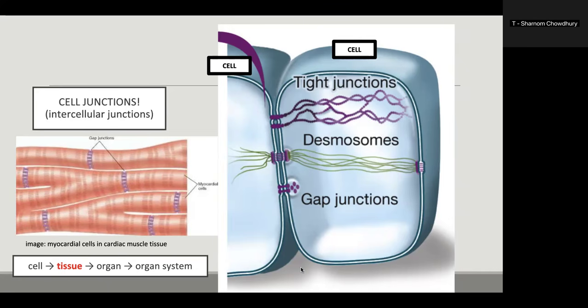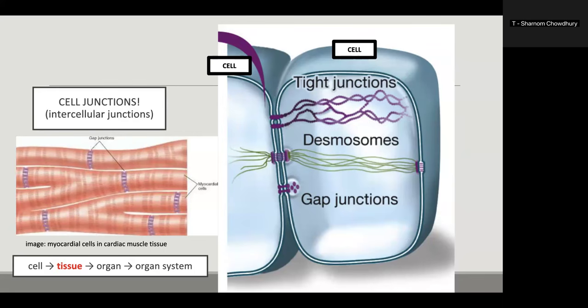Because they're tightly linked together, there's not much that's able to pass through between the cells. So it restricts any migration of membrane proteins and phospholipids and helps make sure substances cannot move through the intercellular space between adjacent cells. So tight junctions prevent movement of molecules between cells.